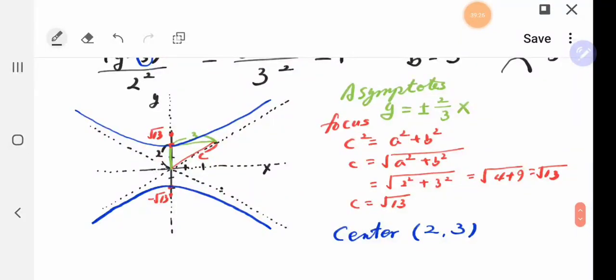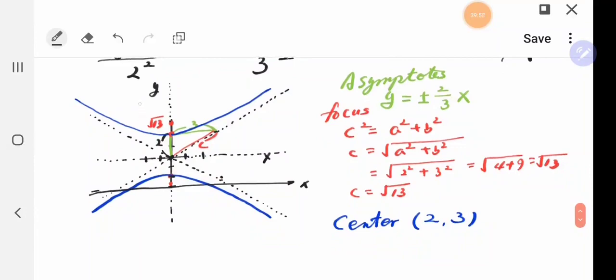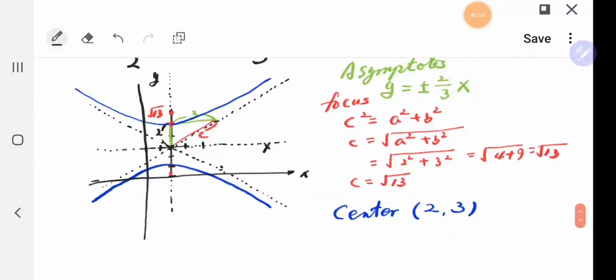Okay. So what we did is we moved the center 2 units to the right and 3 units up. So actually the x-axis and y-axis should be here. So 2 to the right and 3 up. Let me remove this one a little bit. Negative 1, 2, 3. So actually, this is the x-axis, and this will be the y-axis.